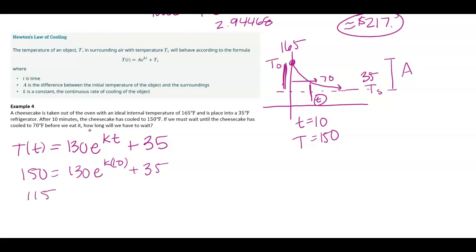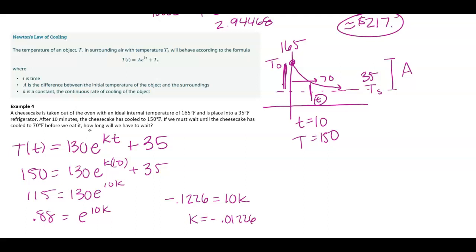So I get 115 equals 130 e to the 10k. I'm going to divide by 130, take the natural log, and divide by 10. I'm then going to substitute that in to figure out when the temperature is 70.